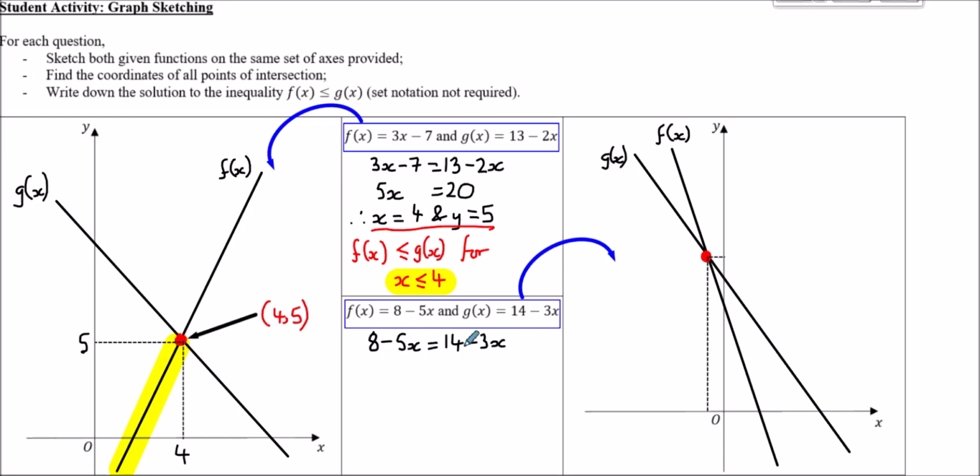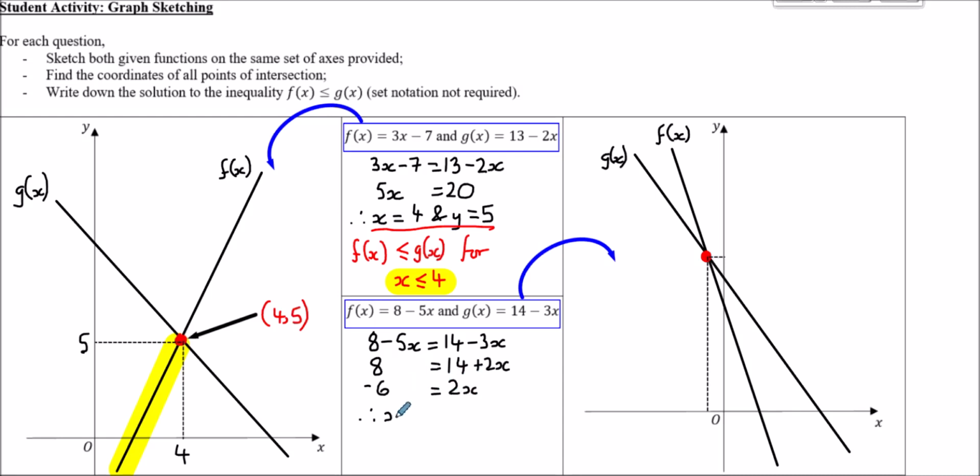So if we add 5x to both sides, we get 8 equals 14 plus 2x. Then subtract 14 from both sides, get that minus 6 is equal to 2x. So therefore we're going to intercept, if we divide both sides by 2, when x is minus 3.